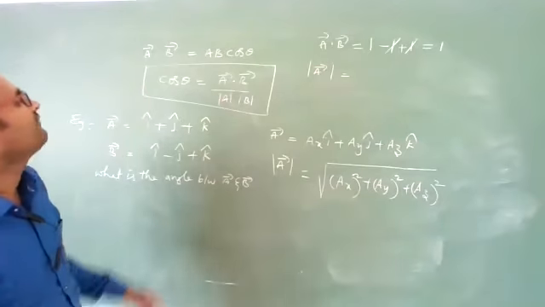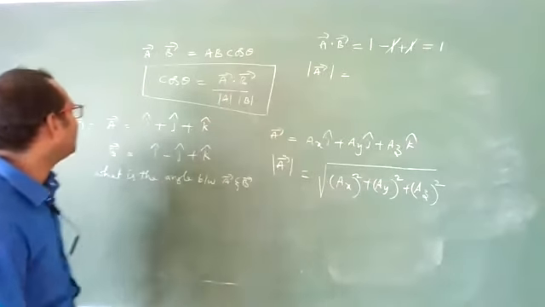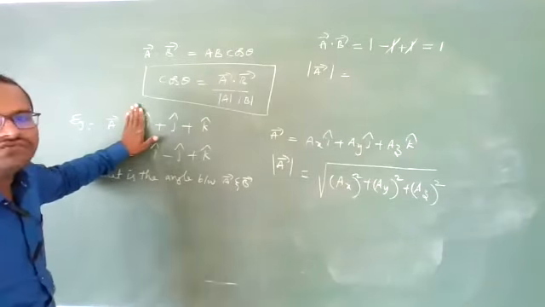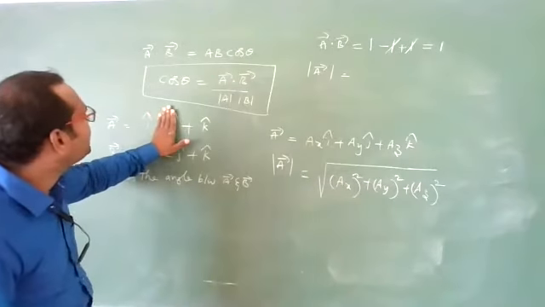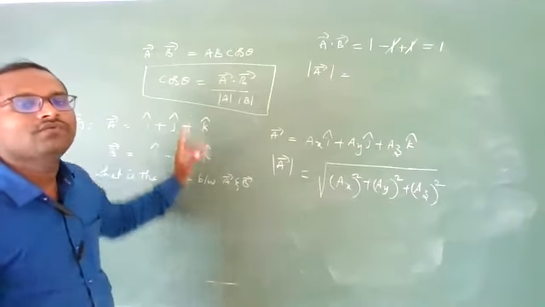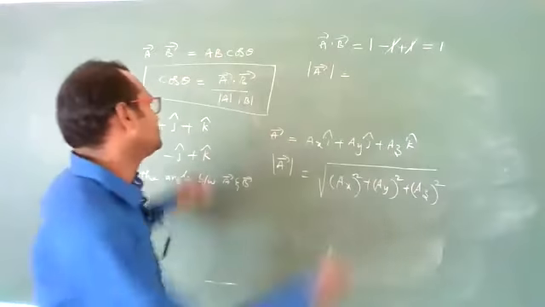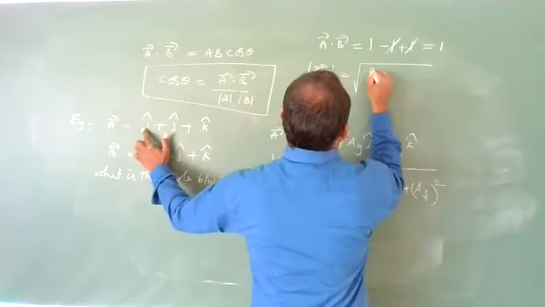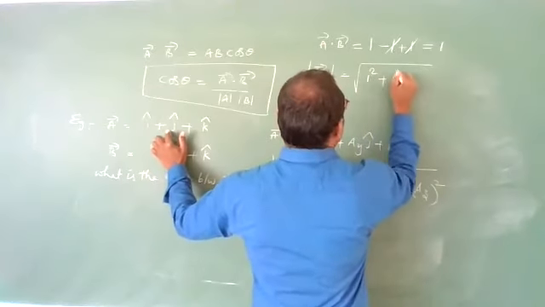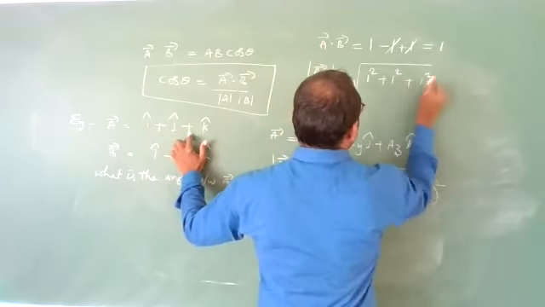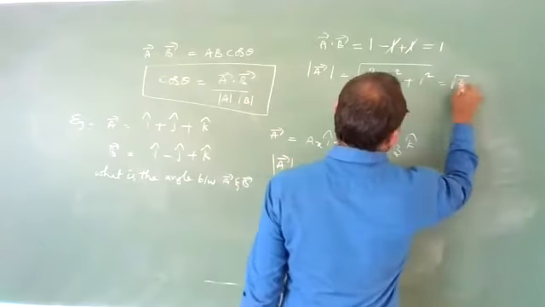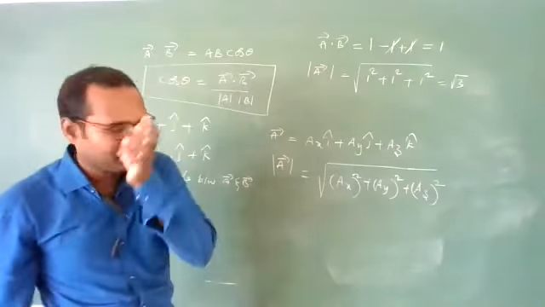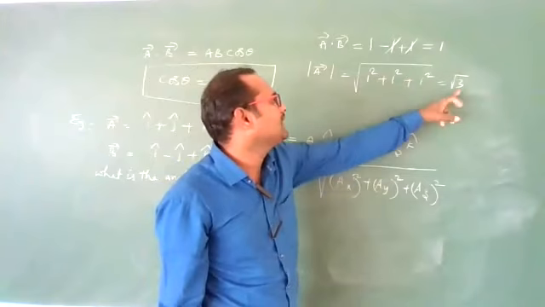For finding the magnitude of a given vector, the i coefficient square, j coefficient square, k coefficient square, we should take the root. So A bar is under root of 1 square plus 1 square plus 1 square. That is nothing but root 3.